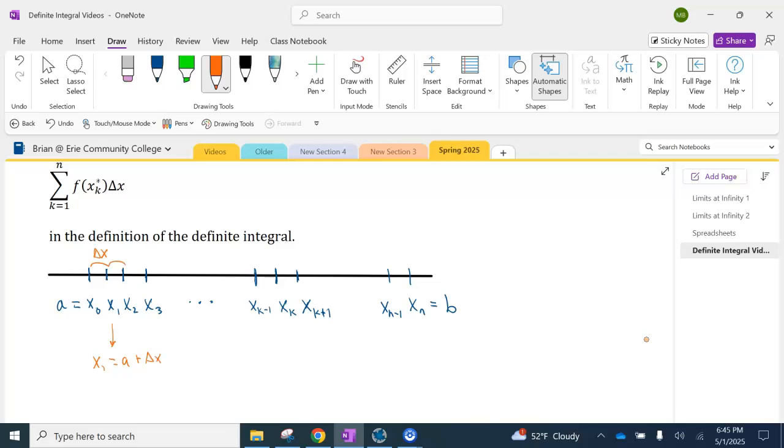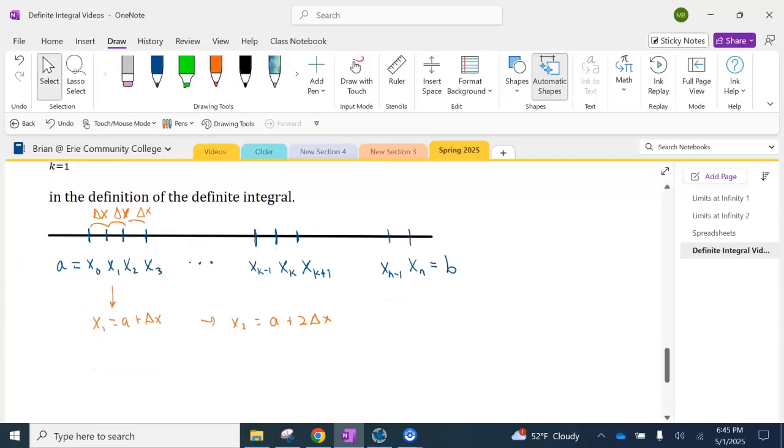And then we're going to add another delta x to get to x2. So x2 is going to be a plus 2 steps of size delta x. Similarly for x3, we add on another step of size delta x. So x sub 3 is going to be a plus delta x plus delta x plus delta x, which is just adding on 3 delta x's, or 3 steps of size delta x.